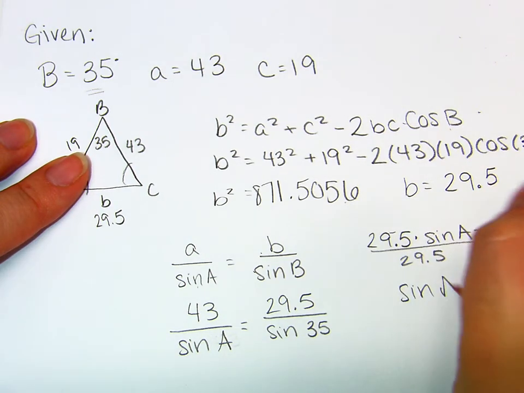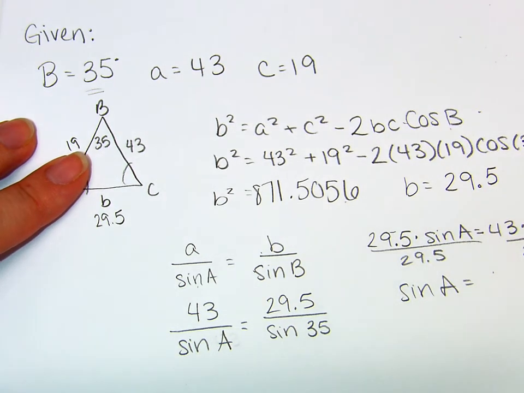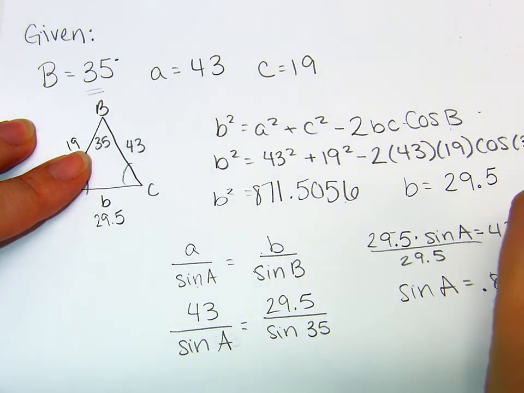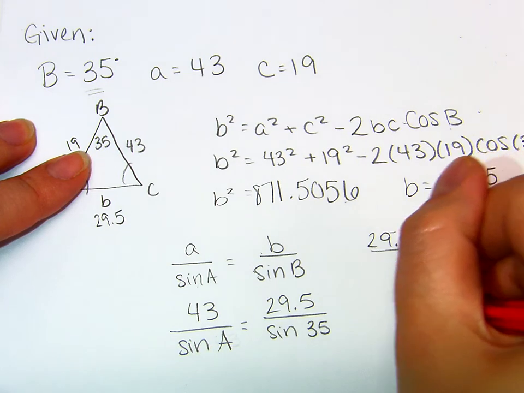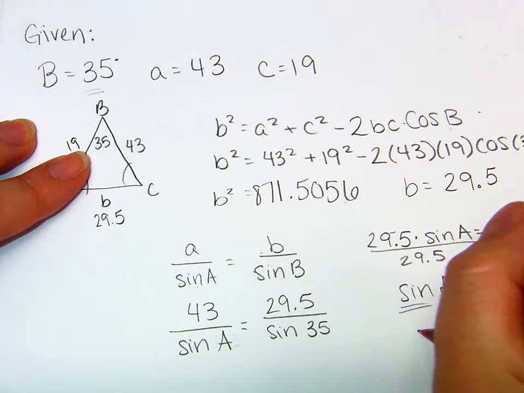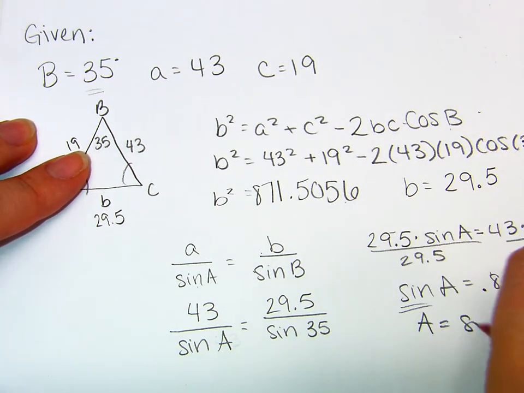So the sine of A is going to equal .836061. But I need to get rid of the sine, so I have to do sine inverse to get A. So A is going to equal the sine inverse of that value.